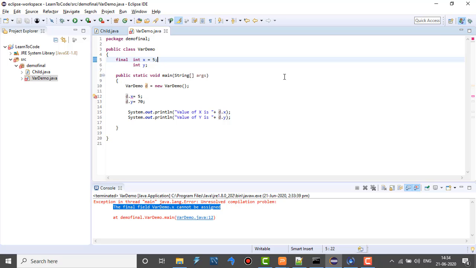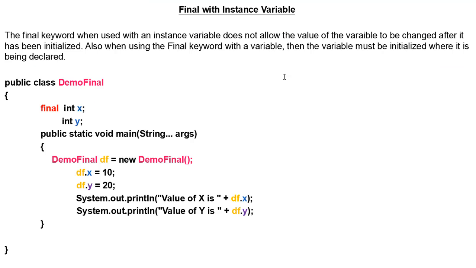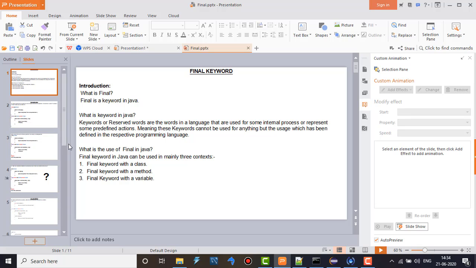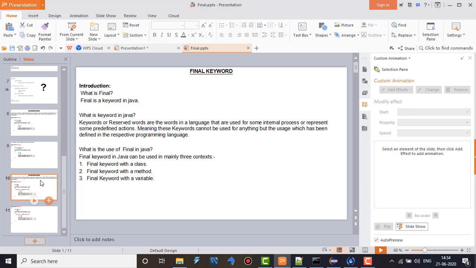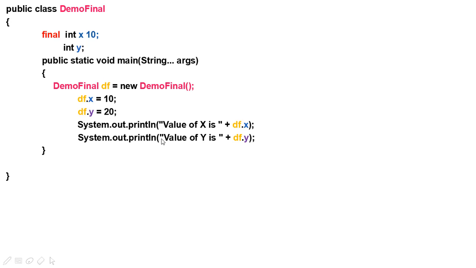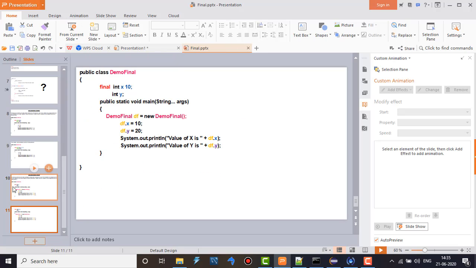Okay, let's move on to our slide now. Here, as you see, we are using final int x. We have declared, oh, sorry guys, the assignment operator is missing over here.